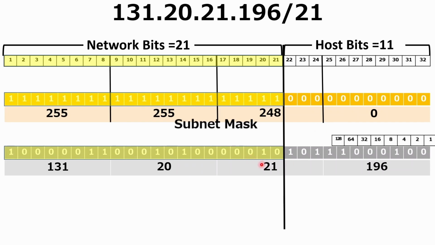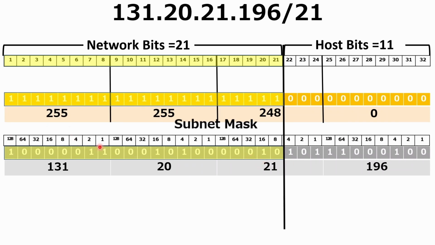I'm gonna bring my table and do the math. Again, here is going to be 131 because we can use everything here, and here also is going to be 20. But here, this /21 is telling us that this area is free, so we can go to the minimum, if you want to say it like that. So all this can become 0. And that's how you get the first IP address, and that's going to be the network IP address. And if you do the math, it's 16.